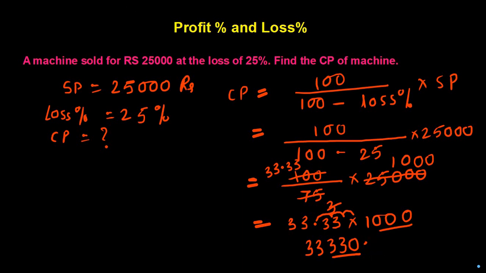To just show you the place of the decimal point or the jumps made by it, we can display it. So yes, this is the cost price of that machine. The cost price was 33,330 rupees and he sold at only 25,000, and that's why the loss incurred was 25%. So this is how you can find out the profit percent, loss percentage.